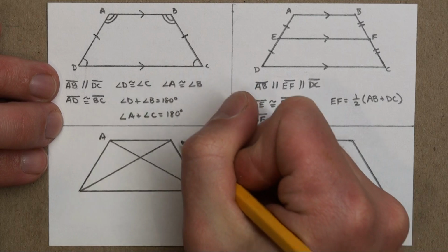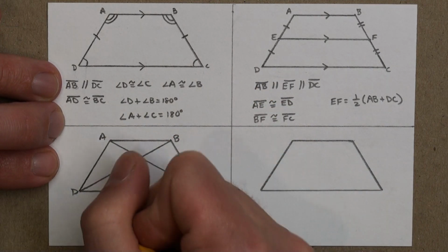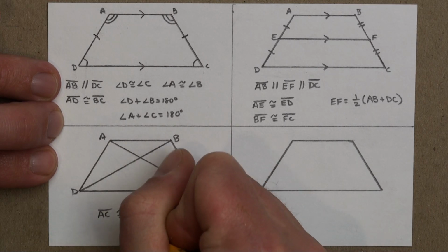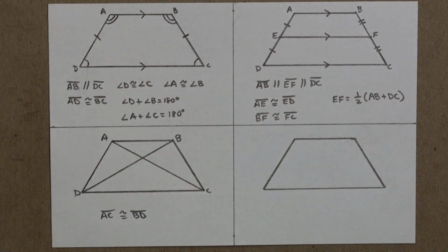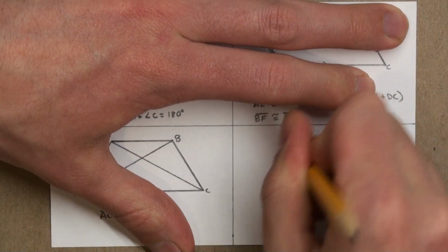So this is A, B, C, D. We also know that AC is congruent to BD. Okay? And we don't need this last picture.